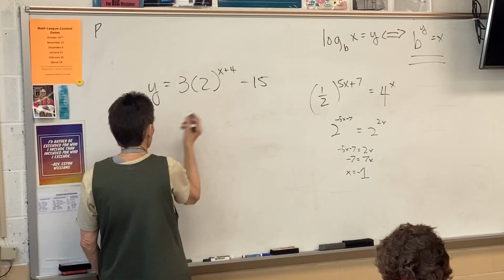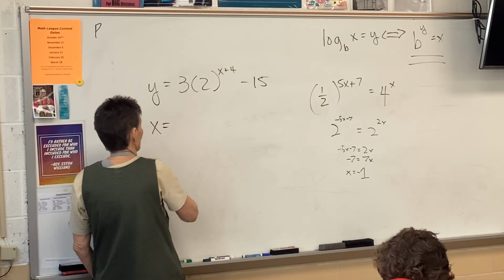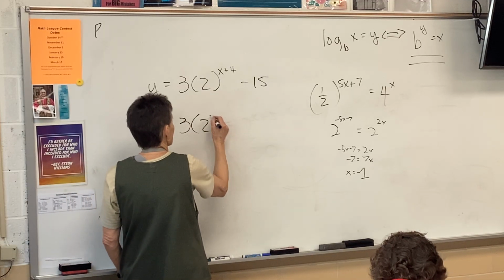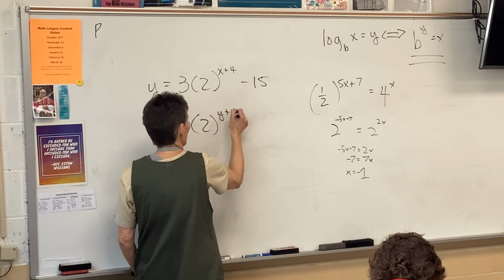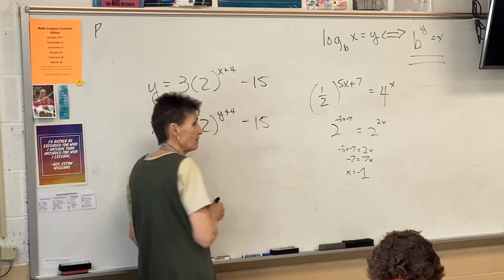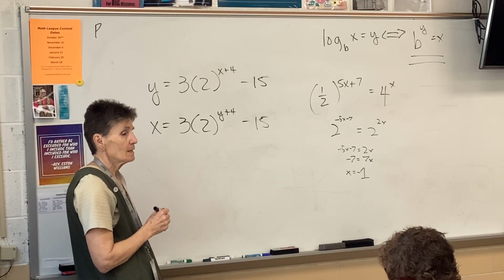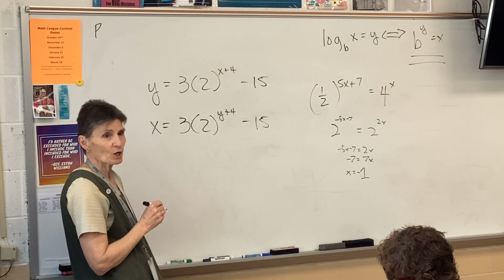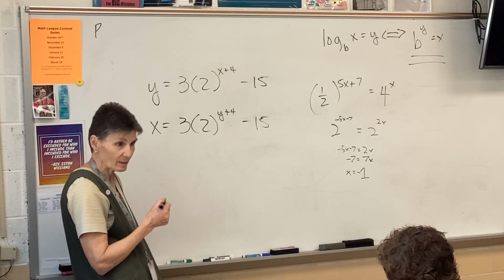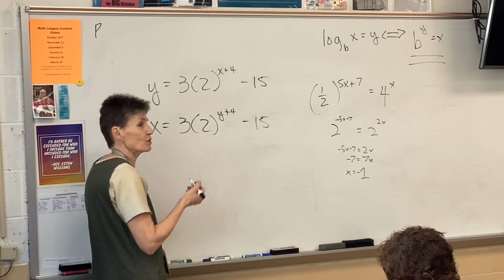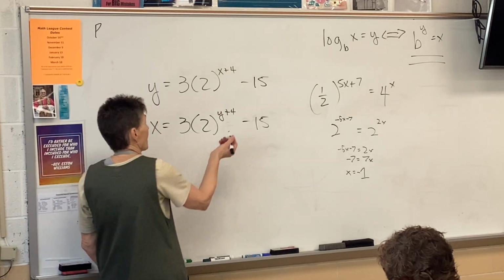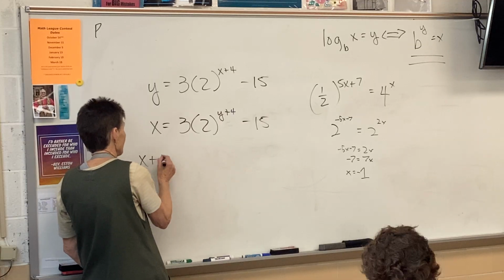You remember? Exactly, switch x and y. So I'm gonna rewrite my equation as x equals 3 times 2 to the y plus 4 minus 15. Ultimately, my objective is to solve for y, to get y by itself. So I'm going to just start doing the normal things. I'm going to add the 15.